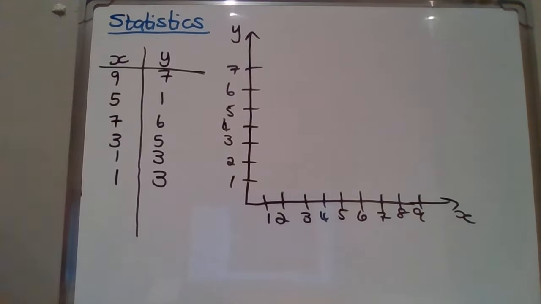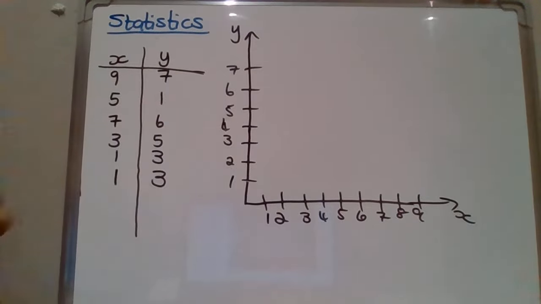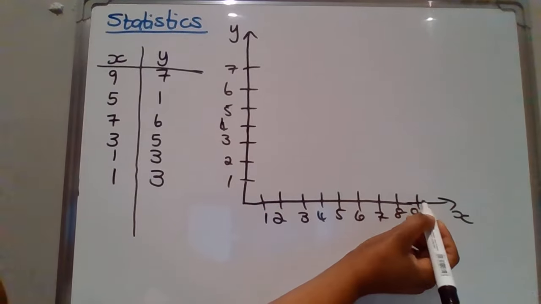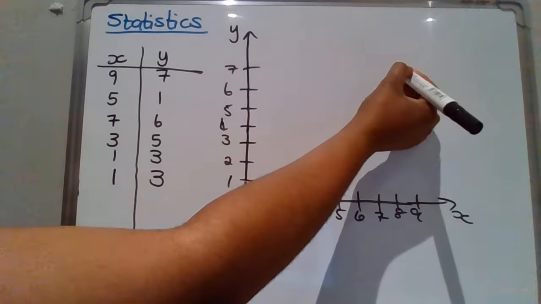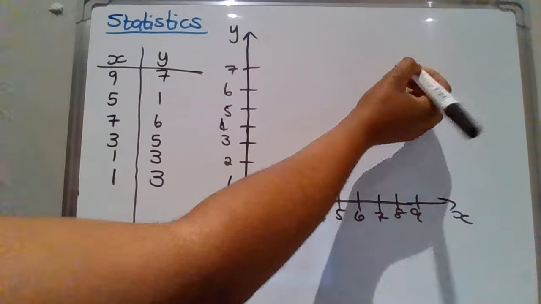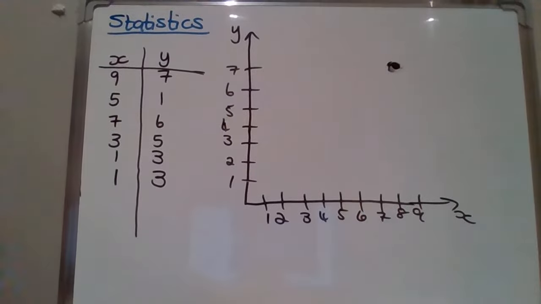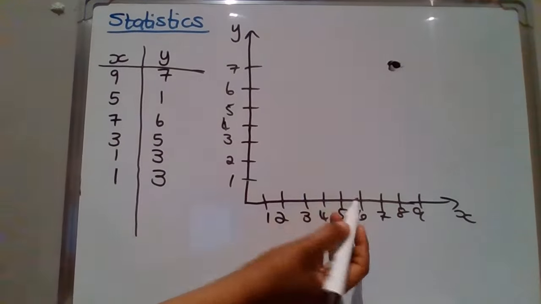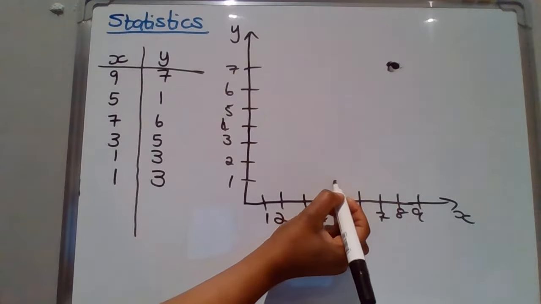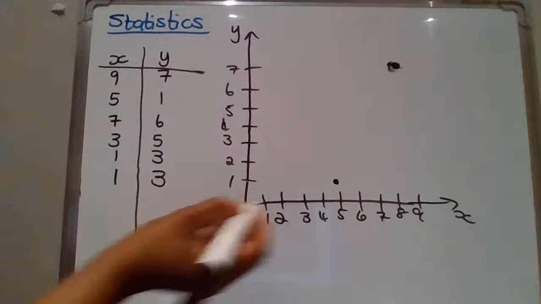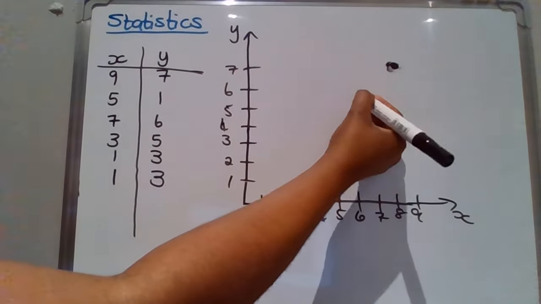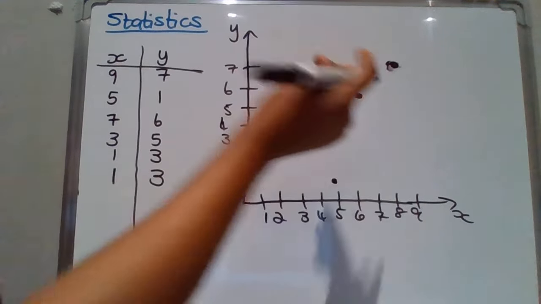Then I plot the two points. So at 9, I have 9, 7. It can be like that, or you can put a dot there. Then I have 5, 1, so 5, 1 lies here. Then I have 7, 6, which lies over there.